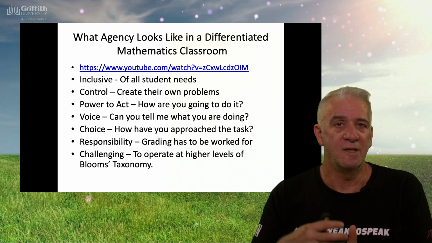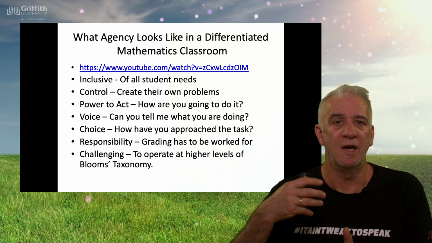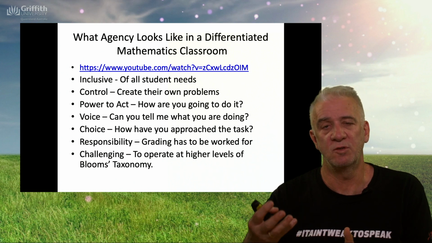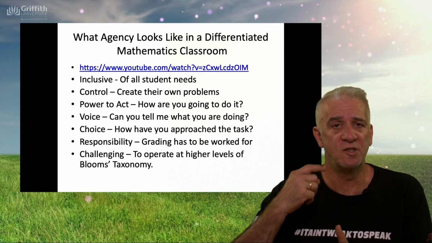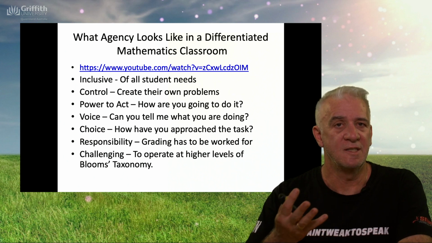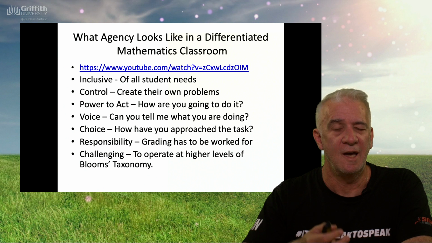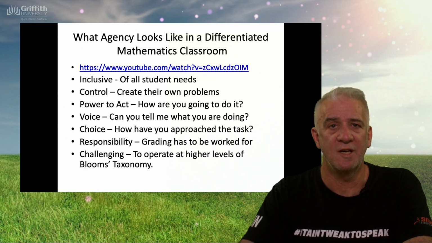But it's important that as much as possible we give kids a sense of agency and ownership and choice and voice and power as they look to do the tasks. If they're always just doing what we tell them and regurgitating what we've told them, then in a sense they will be learning our stuff, but they won't learn much for themselves. And it's likely to be an impoverished maths education.